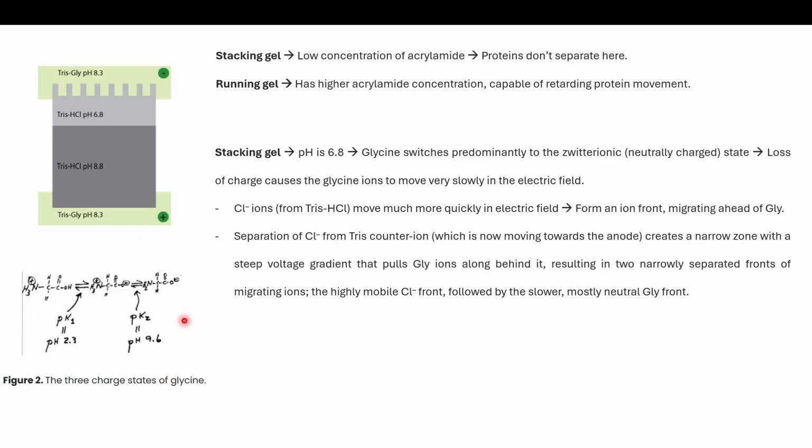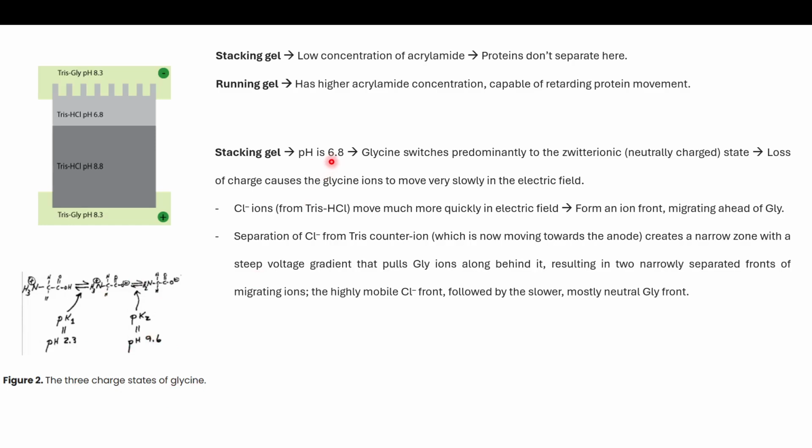So the overall net charge on the amino acid at a higher pH is negative. In the case of glycine, the simplest of the 20 amino acids, these are the three charged states.